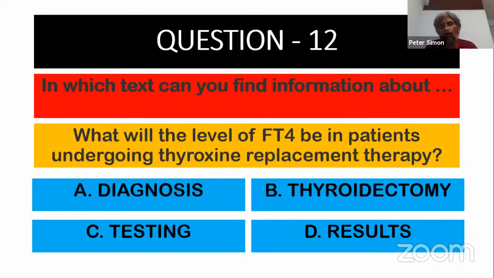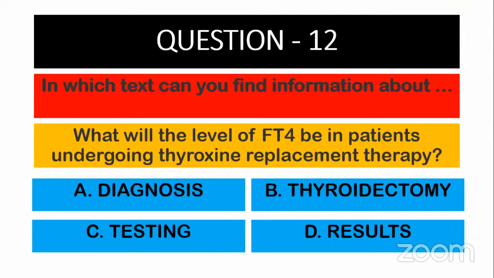Where will you find it according to your expectation, A, B, C or D? Testing, sir. C. Okay. So will you find it in A or B or C or D?